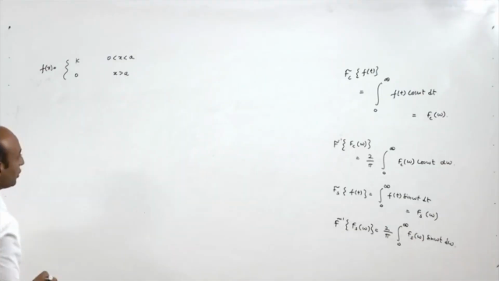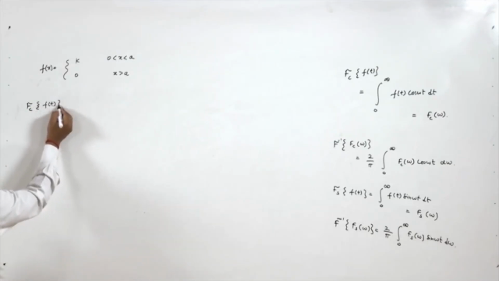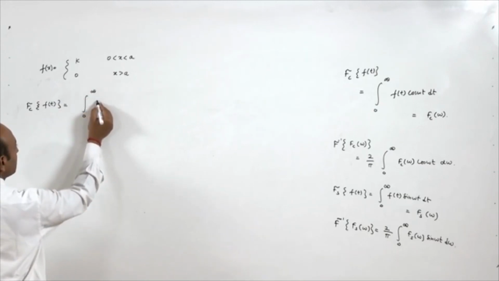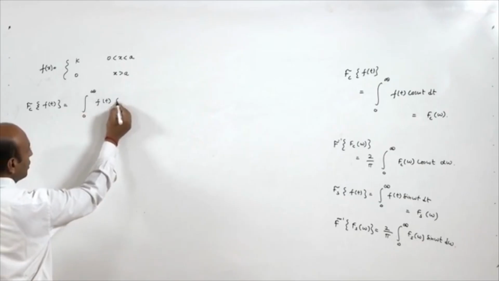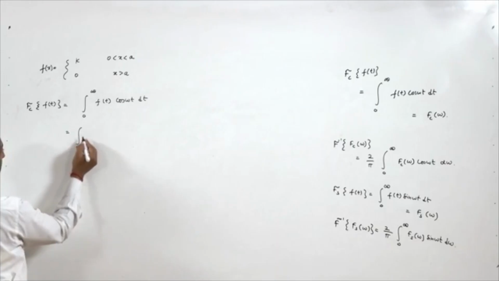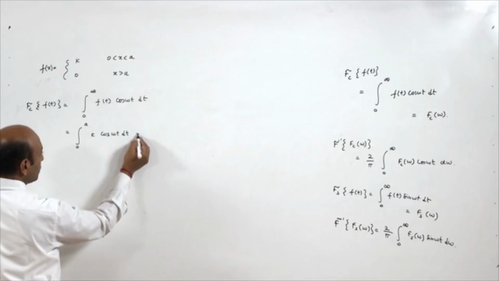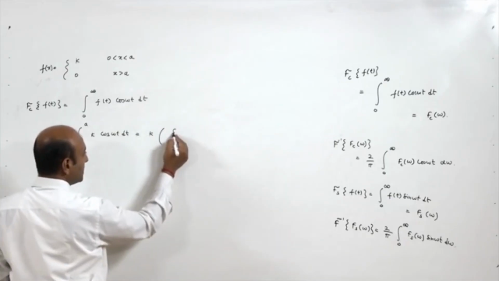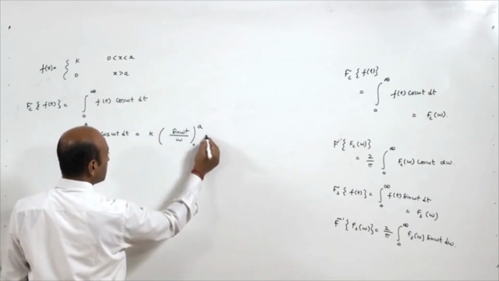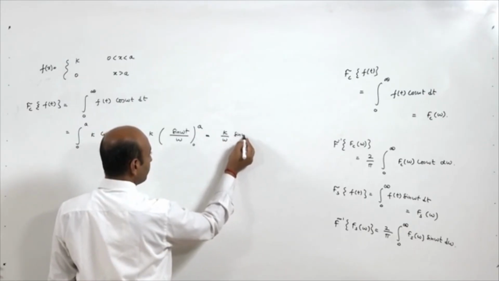Suppose you want to find out the Fourier cosine transform of this function. It will be equal to the integral from 0 to infinity of f(t) cos(ωt) dt, which equals the integral from 0 to a of k cos(ωt) dt, which equals k times sin(ωt)/ω from 0 to a, which is nothing but (k/ω) sin(ωa).